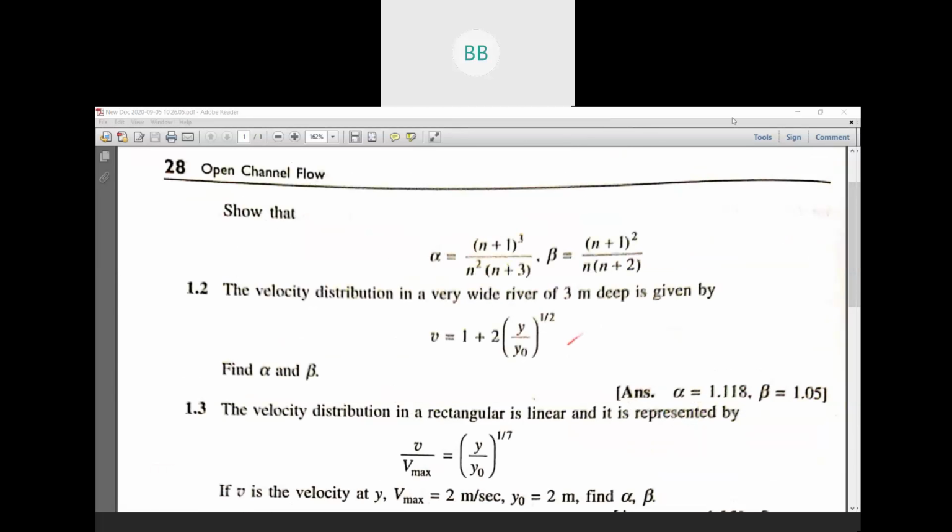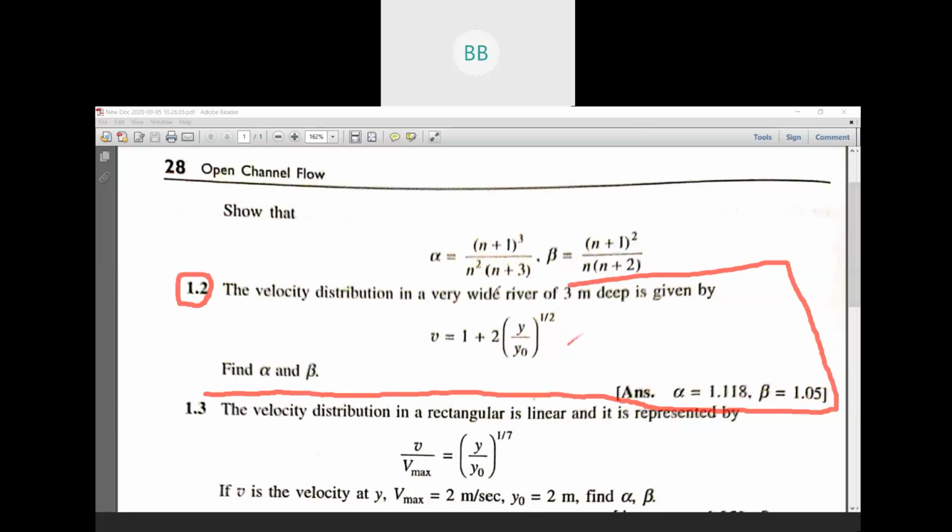Now let us solve the next problem, that is your 1.2. Kindly write down the equation and try to solve it at home. The velocity distribution in a wide river of 3-meter depth is given by that expression, for small v.